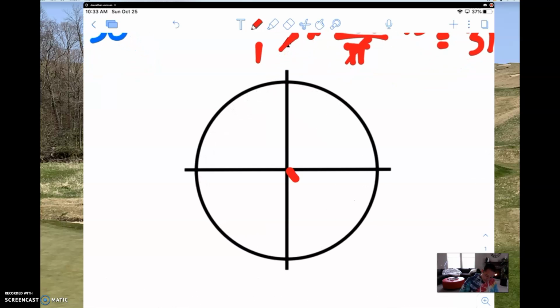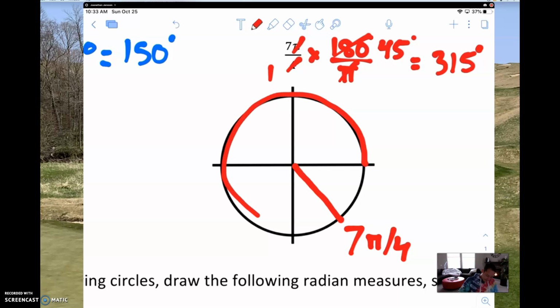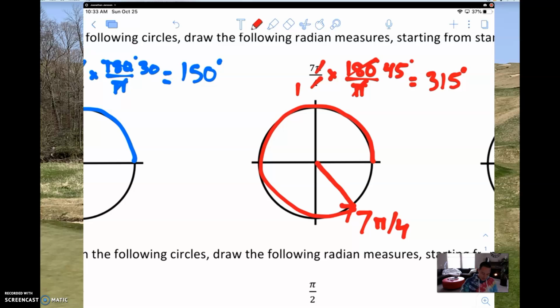315 would be right about there, halfway between, in quadrant 4. So this would be 7 pi over 4 radians. It went all the way around here. It might be easier to visualize if you think of 7 pi over 4, I'll write it over here, as just 1 3/4 pi if you convert it to a mixed fraction.